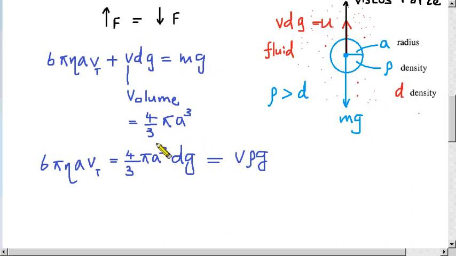Again V is this value, the same volume, then ρ g. ρ is correct here because ρ is the density of the object. To find mg, we write the density of the object.